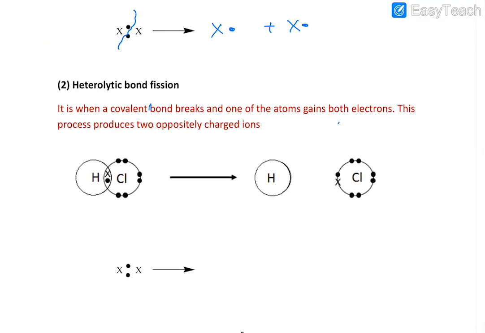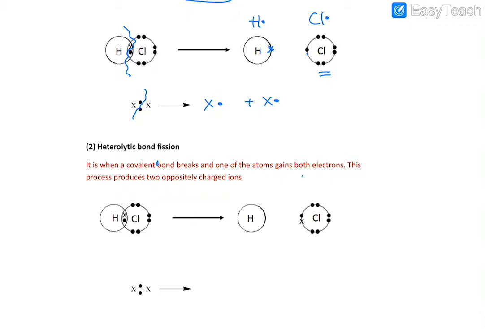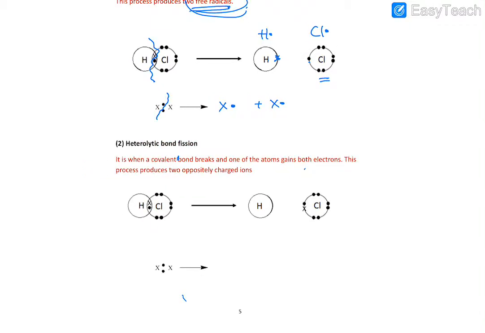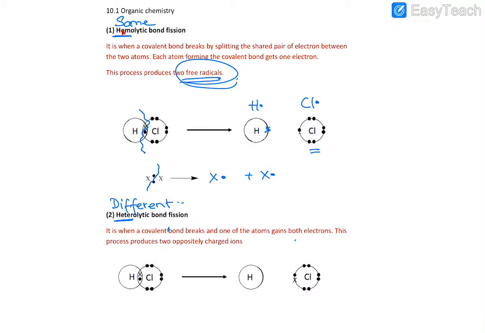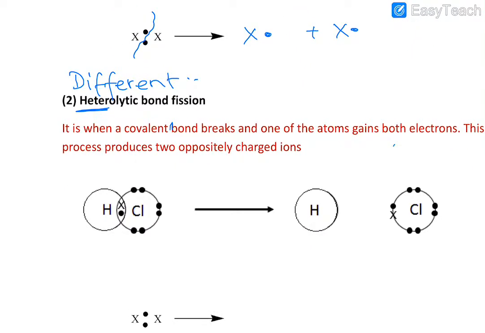Or you can have homolytic bond fission, heterolytic. Hetero means different, while homolytic, homo means same. So hetero means different. And here, when the bond is going to be breaking, it's going to cause an unequal sharing of the electrons.